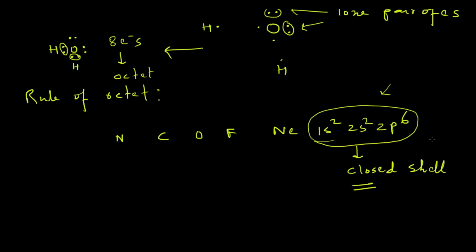So the octet rule tells us about the maximum bonding capability for a particular element, and this is very important in the case of second row elements, because the higher atomic number elements will often deviate from this octet rule, and the reason I will tell you later.